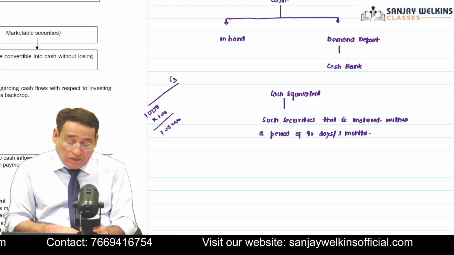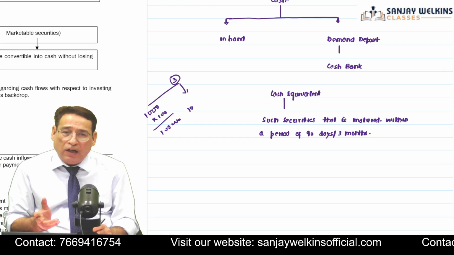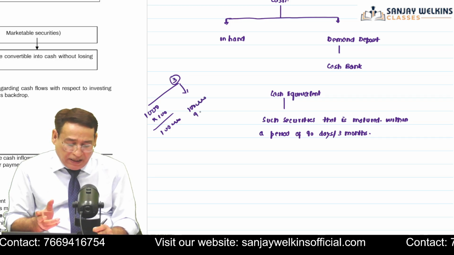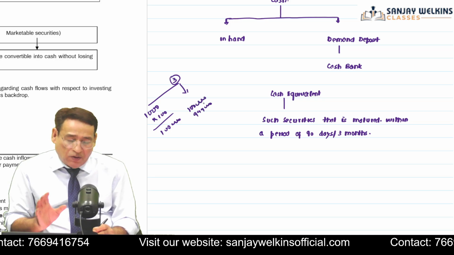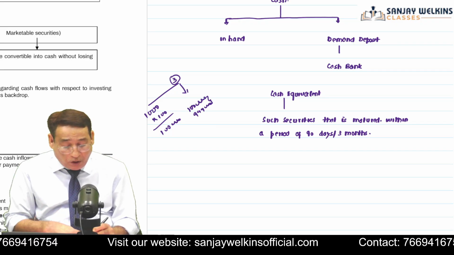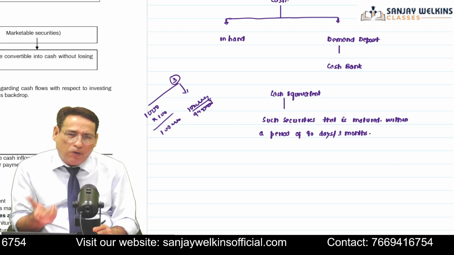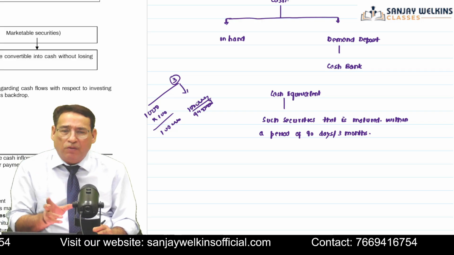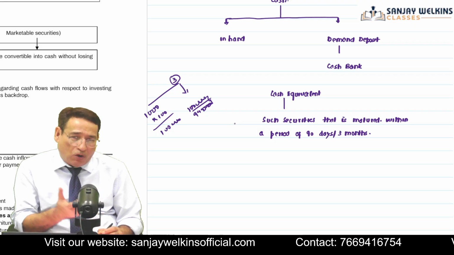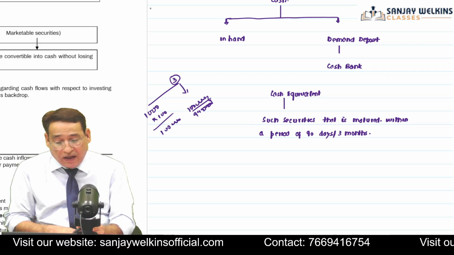And within 3 months, if I am able to get something near about 1 lakh, that is 1 lakh or 99,000, that means I am getting almost same figure. I am not losing much amount. So if we can get this almost same amount within next 3 months, such investments are classified as cash equivalents.